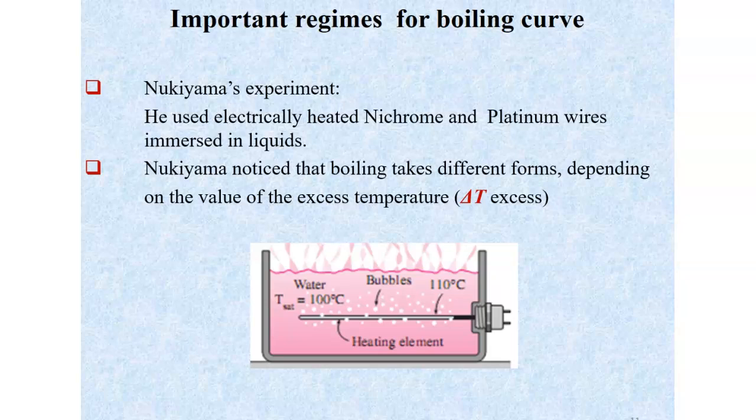Nukiyama noticed that the boiling takes different forms depending on the value of the excess temperature. So it depends on the difference, T excess. T excess is T surface minus T infinity.